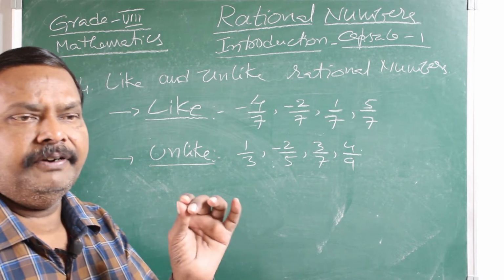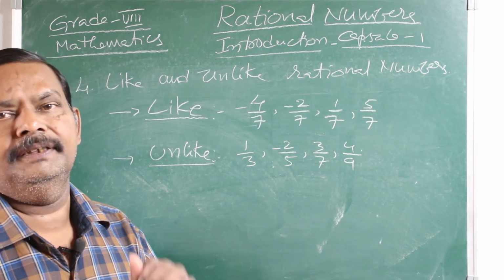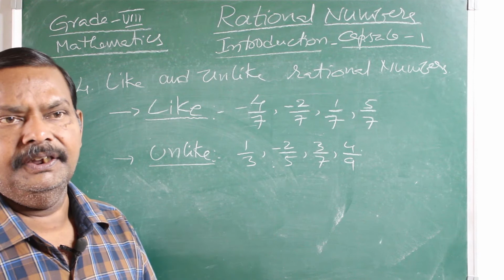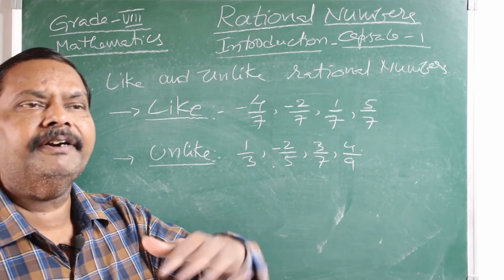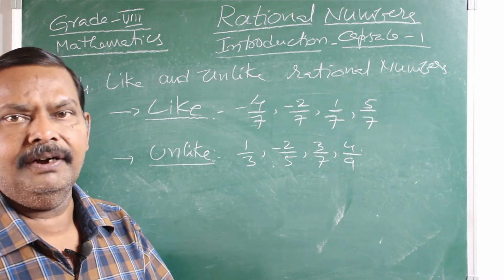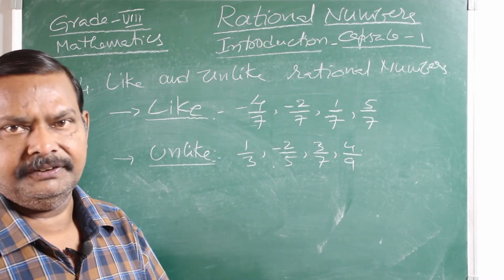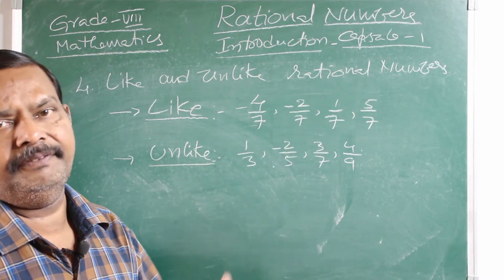So, if the fractions have the same denominator, they are like fractions. If they have different denominators, they are called unlike fractions. So, like fractions and unlike fractions.